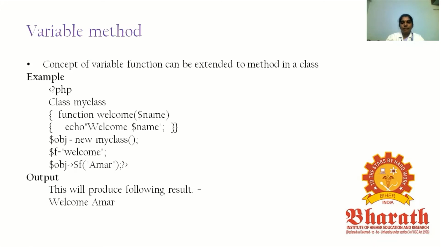The first line indicates the start of PHP, and the second line is class MyClass. What is the name of the class? MyClass is the name of the class. Then an open curly brace, and inside it has a function, function welcome of $name, echo welcome $name.